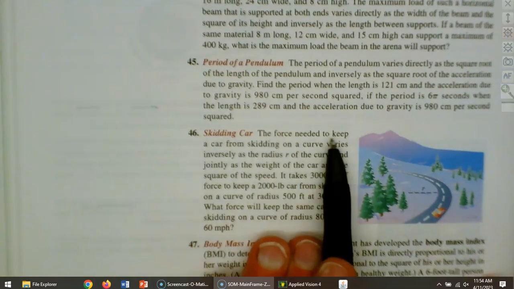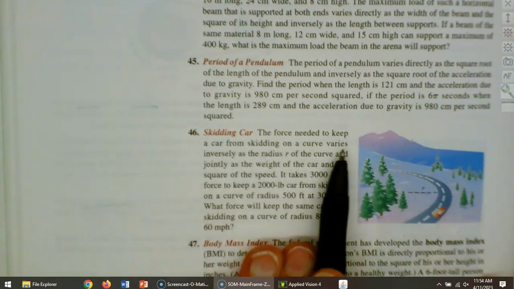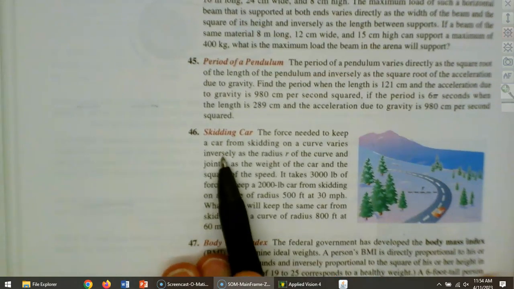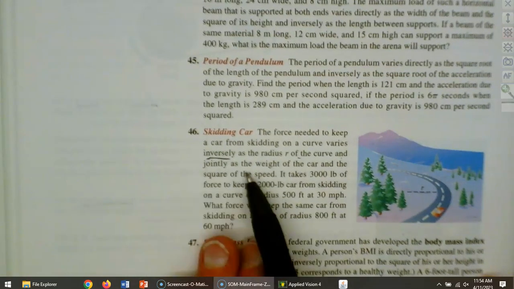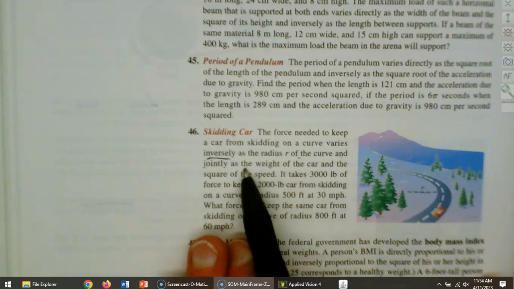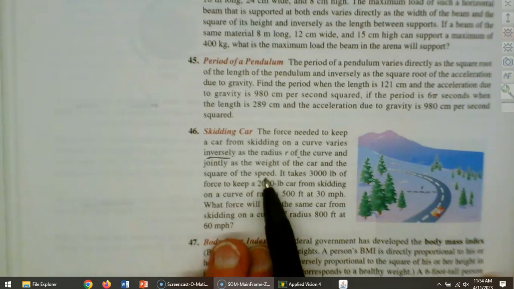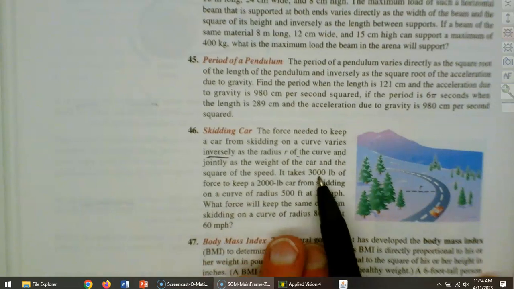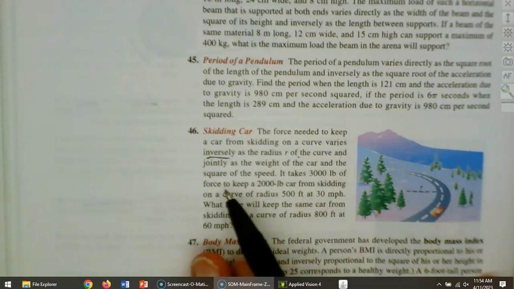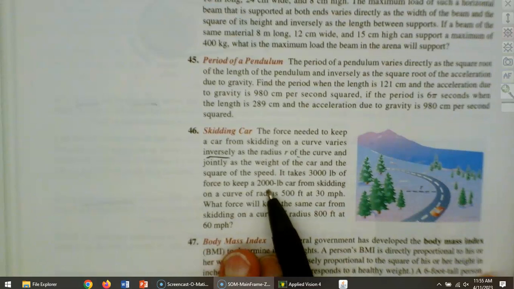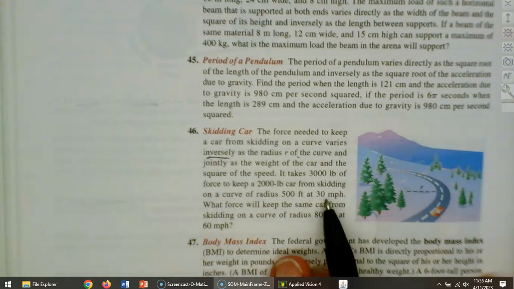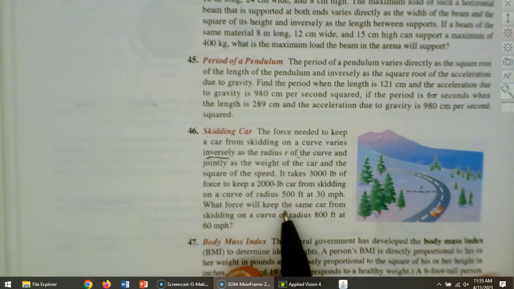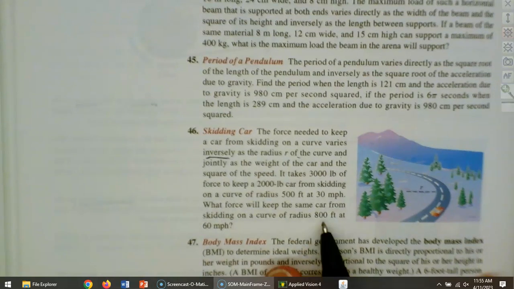The force needed to keep a car from skidding on a curve varies inversely as the radius of the curve, and jointly as the weight of the car and the square of the speed. It takes 3,000 pounds of force to keep a 2,000-pound car from skidding on a curve with a radius of 500 feet at 30 miles an hour. What force will keep the same car from skidding on a curve with a radius of 800 feet at 60 miles an hour?